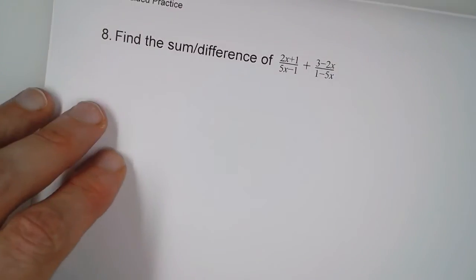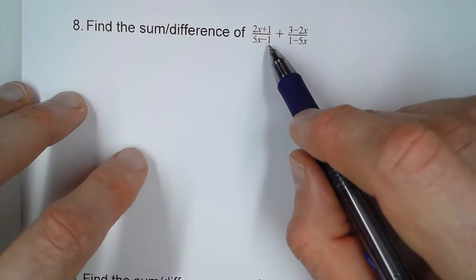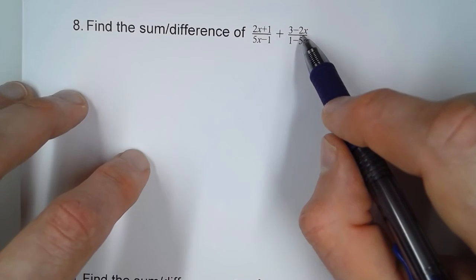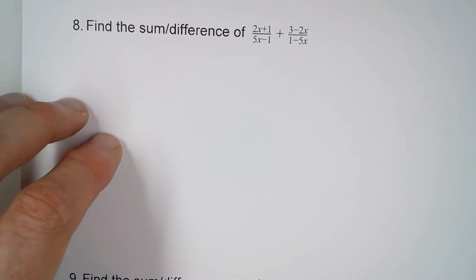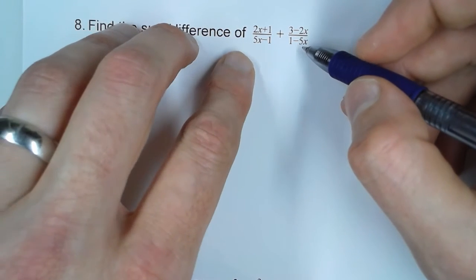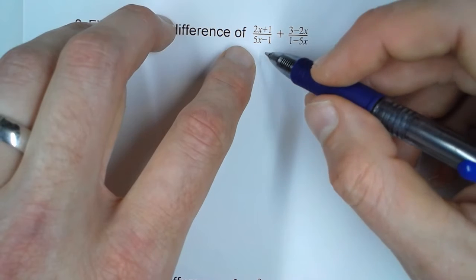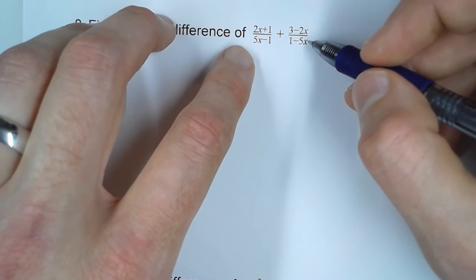For number 8, take a look at, we have 2x plus 1 over 5x minus 1, and then we have 3 minus 2x over 1 minus 5x. Now this one is here because this really is what messes people up a lot, because these two are opposites of each other.